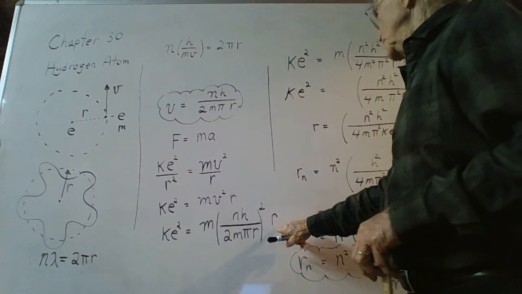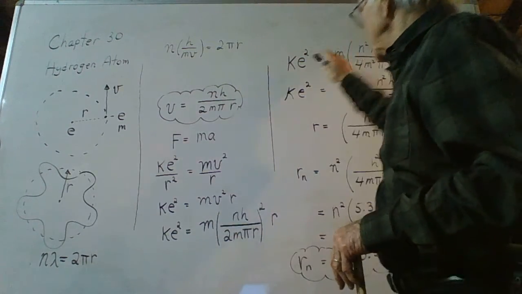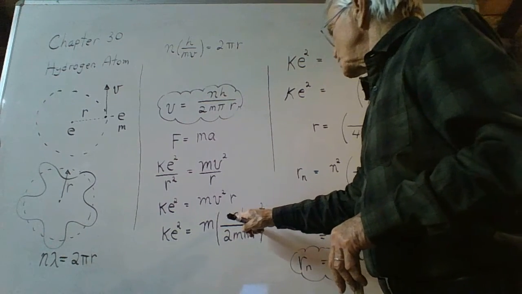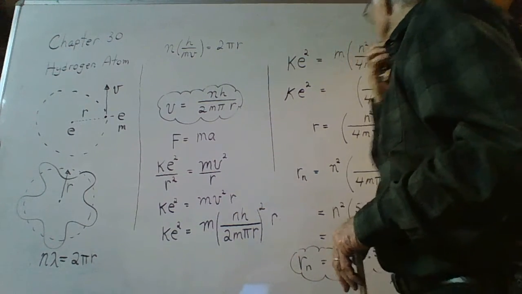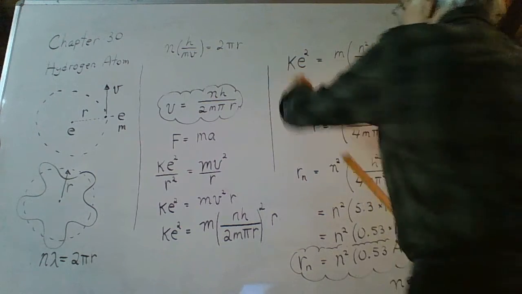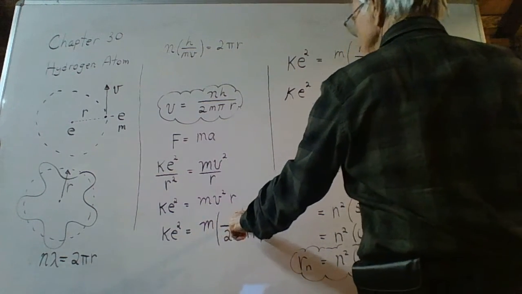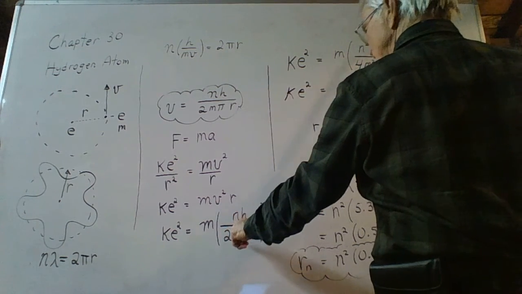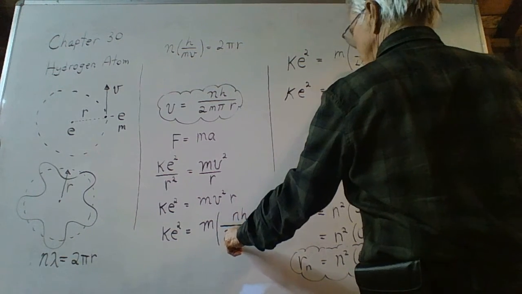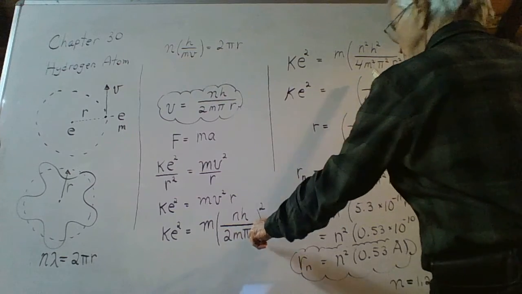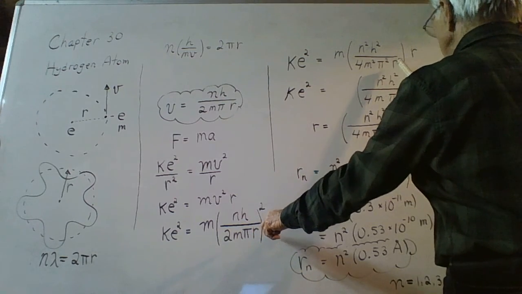Now I'll repeat this equation up here, except I'll square the parentheses. So you have the k e squared, no change, and m outside. The numerator squared is n squared h squared. The denominator squared is 4 m squared pi squared r squared.